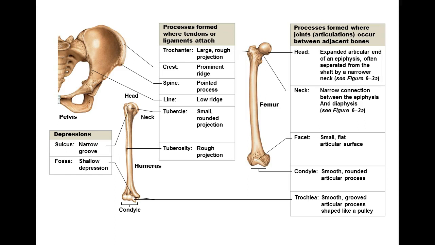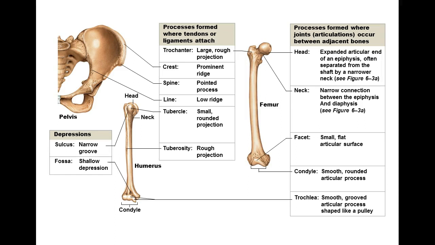The head of a long bone, and so these would be processes where bones tend to become joints. So the head is the portion of the bone that's going to form a joint with another bone. You generally see a head on a long bone, as well as a neck, where you have a narrowing of the bone. You have a facet, which is a flat surface, usually covered by cartilage.